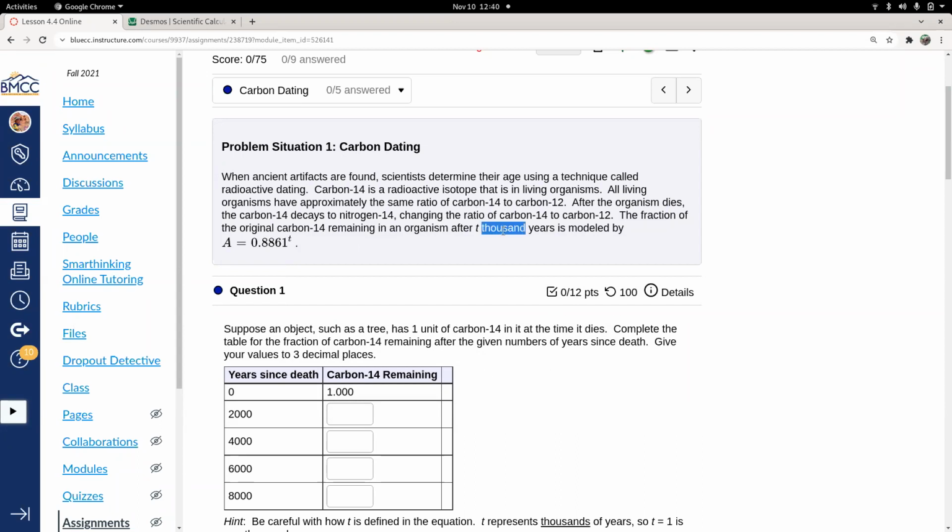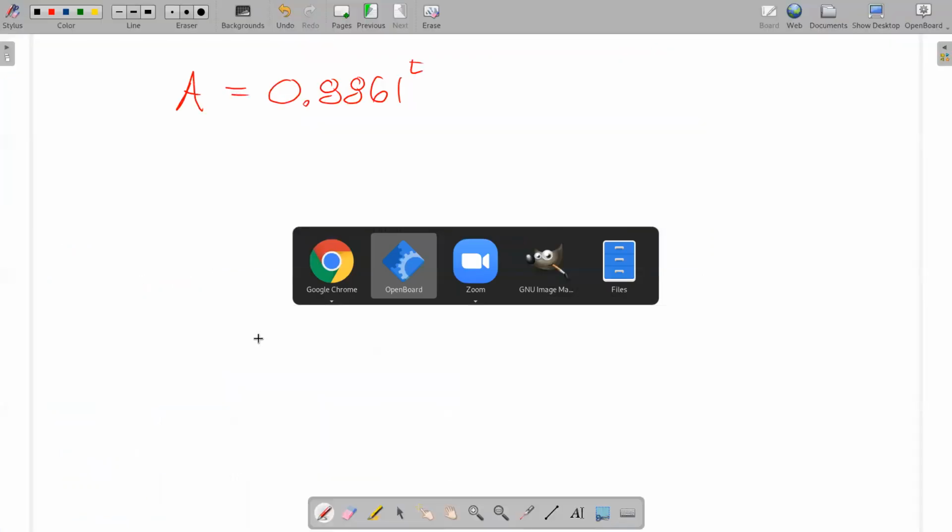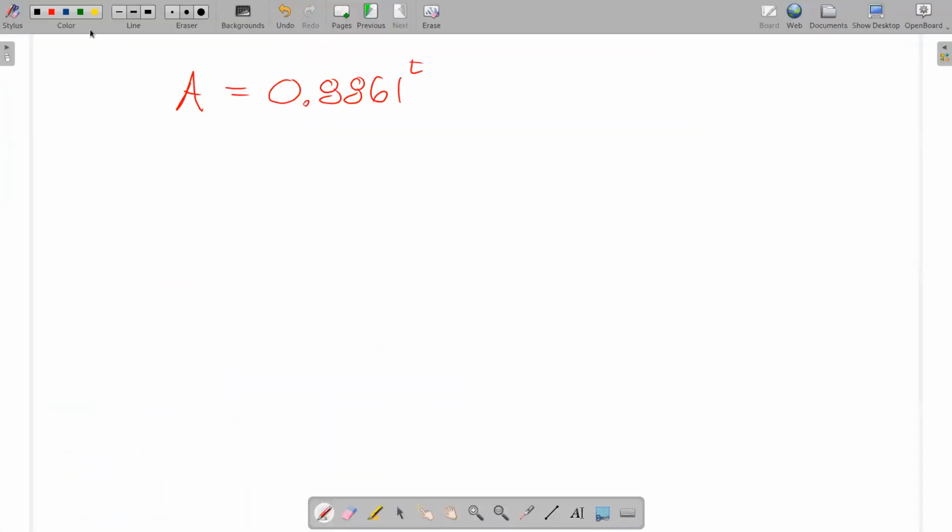T here, this is important. T is in thousands of years. So let's add that to our notes. Off to the side here, A is the fraction of carbon 14 remaining.